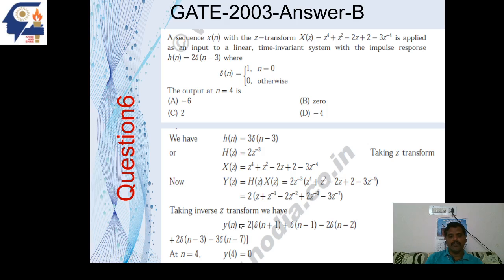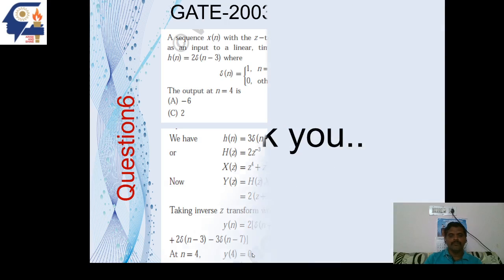This is del of 5, which by default is 0, because del of 0 only has value 1. Now put n equal to 4 here, you get del of 3, again 0. Put n equal to 4 here, del of 2, again 0, here also 0, here also 0. When n equals 4, y of 4 is 0. Thank you.